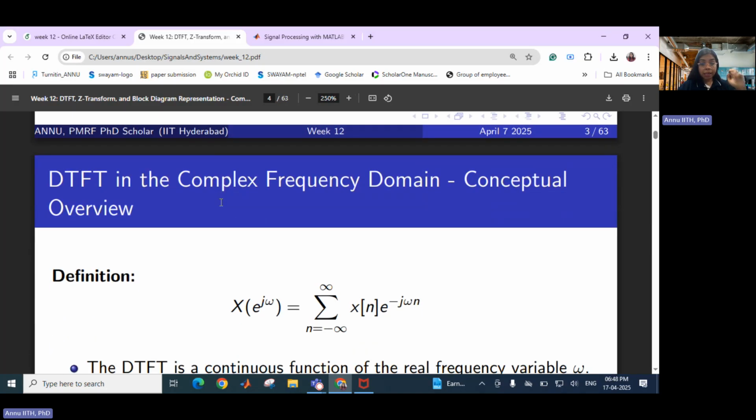Now we will see the conceptual overview through MATLAB.